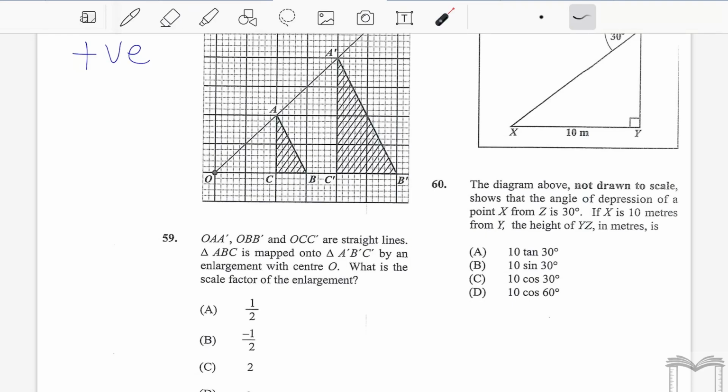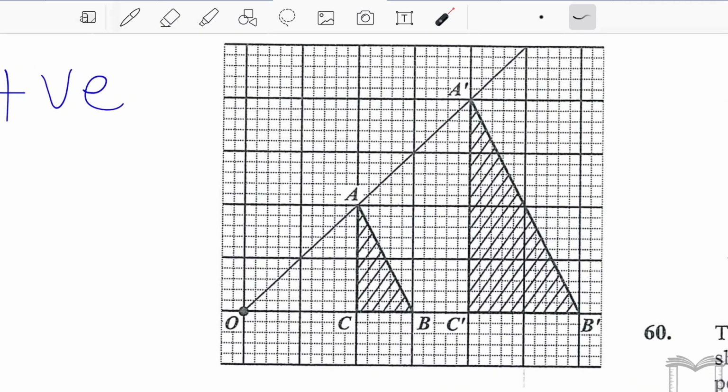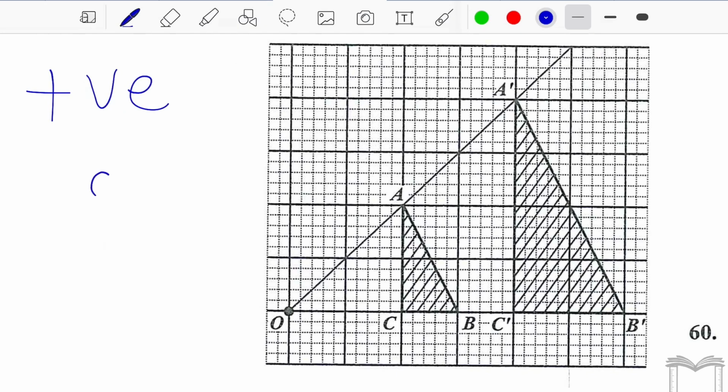So this is how we determine the enlargement scale factor. We must measure the line O A prime, which is the length from the center to the image, right? Let's write the formula first.